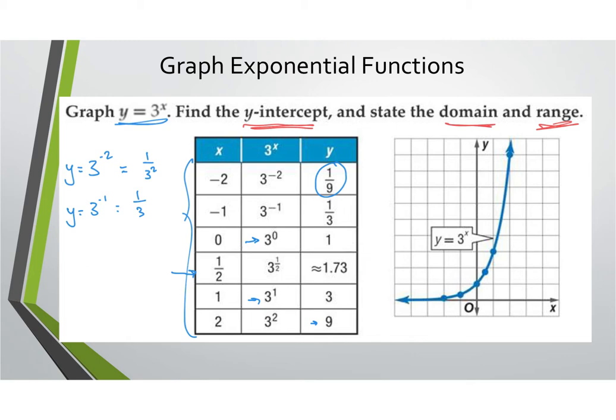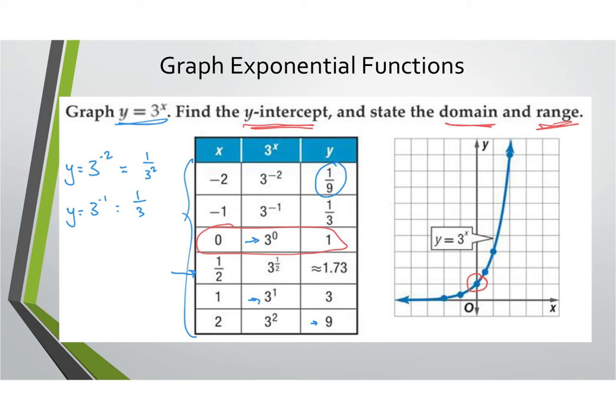Now, the y-intercept should be an easy one to remember. The y-intercept is where the graph crosses the y-axis. Where does it cross the y-axis? Where x is 0. Which means that this is my y-intercept right here. Now, exponential functions won't always cross at y is equal to 1. Okay?